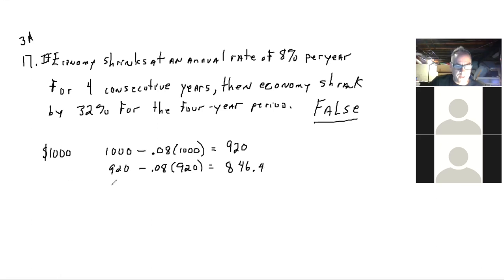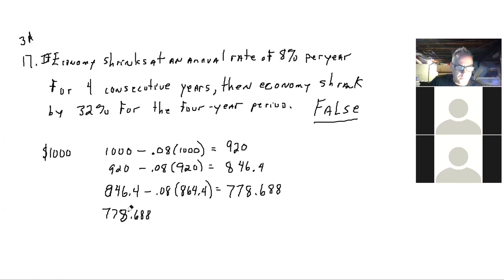And now the third year, that's 846.4 minus 0.08 times 864.4. And when you do that one, you'll get 778.688. And so that fourth year, you'll have 788.688.